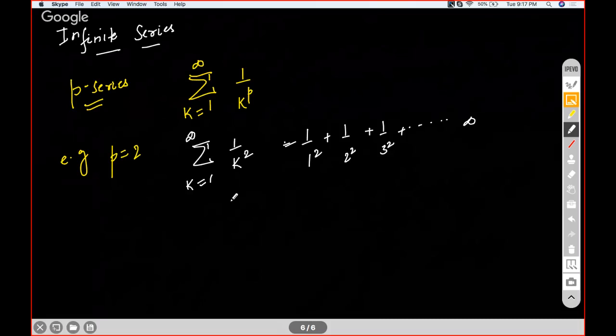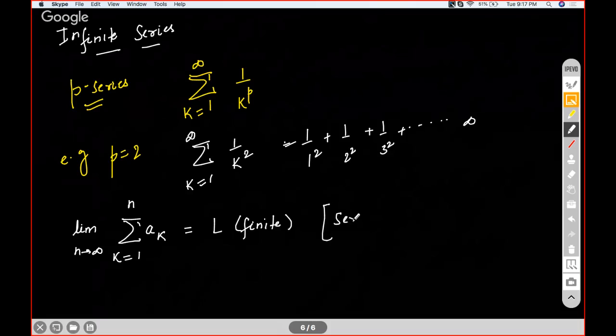So a convergent series is basically a series where even if you sum infinite terms of that series, we get a finite answer for it. That means summation of k going from 1 to n, where n is very large, if this gives you L, where L is a finite quantity, then we call that series convergent.